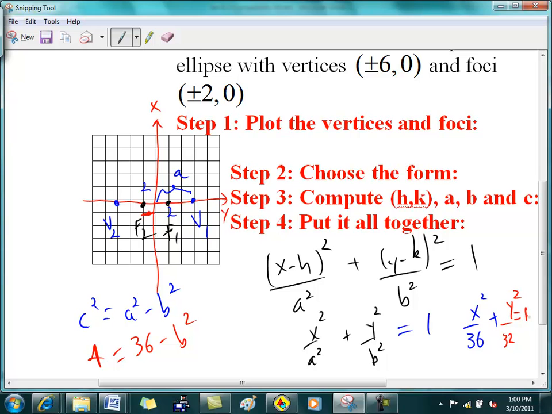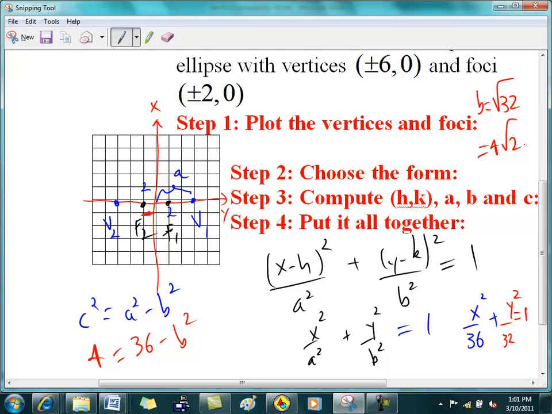Let me explain to you physically what b represents. b represents the thickness of the ellipse in the other direction, called the minor axis. So b is going to be equal to root 32, which is 4 root 2. And 4 root 2 is roughly 5.6.